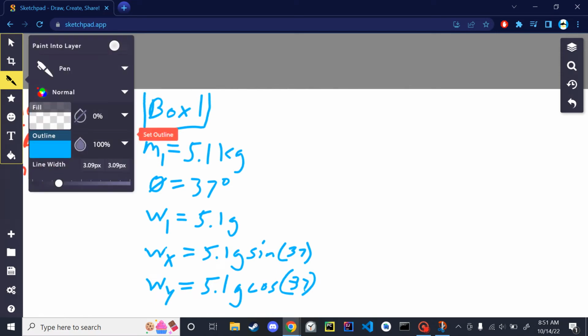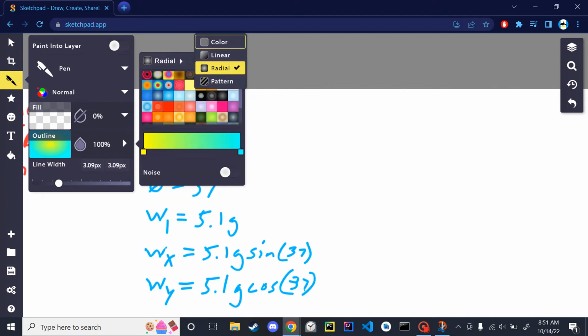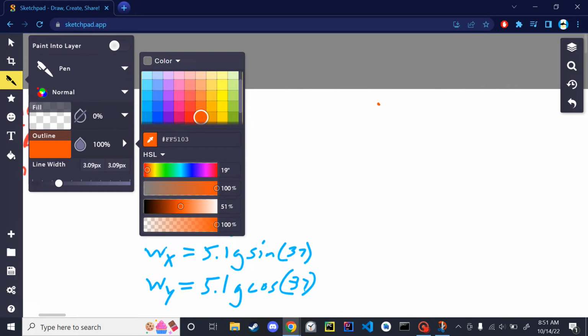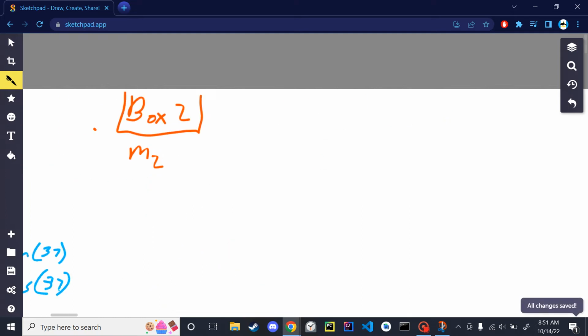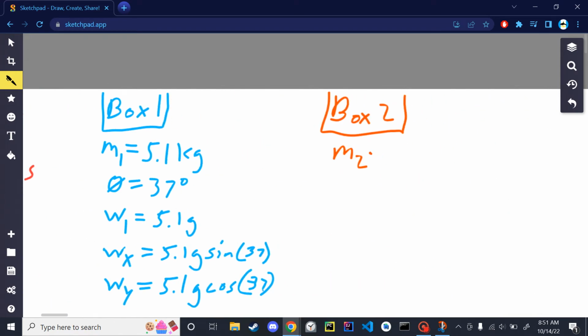Box 2. Box 2 has a mass of 2.4 kilograms. And that means it has a weight force of 2.4 Gs.